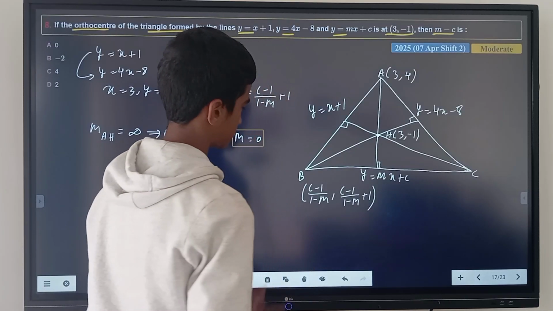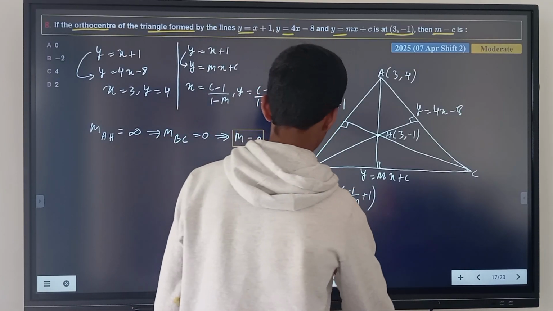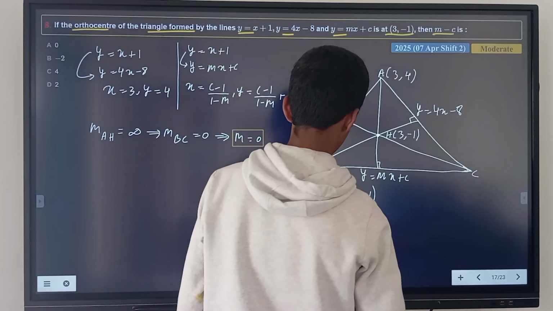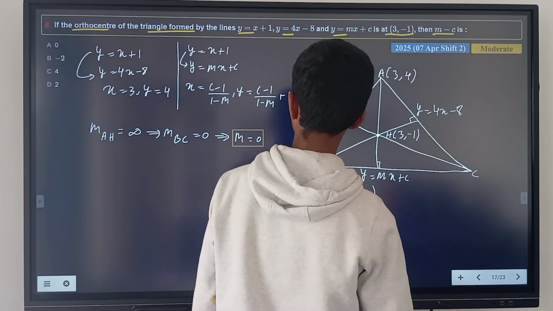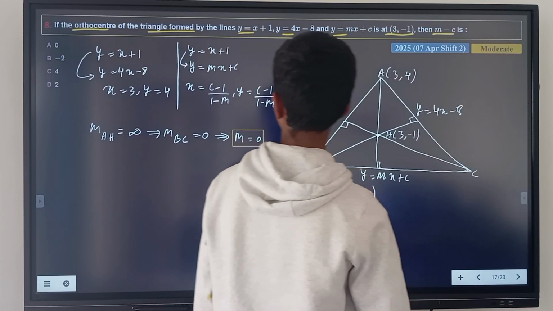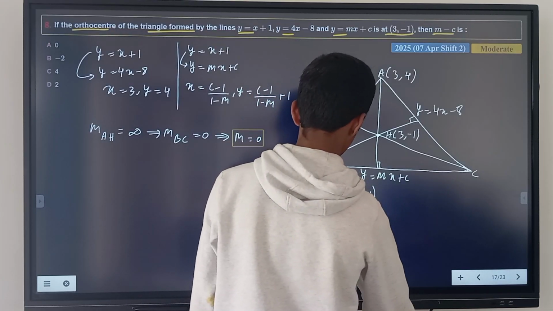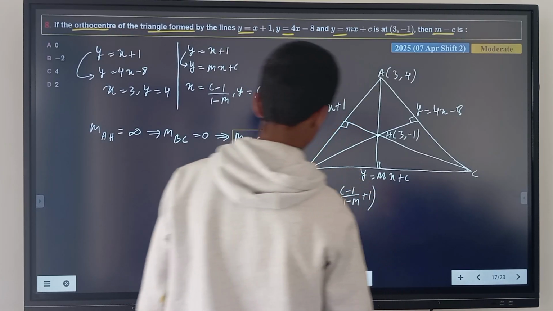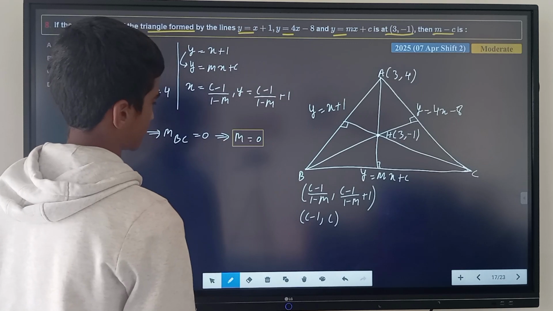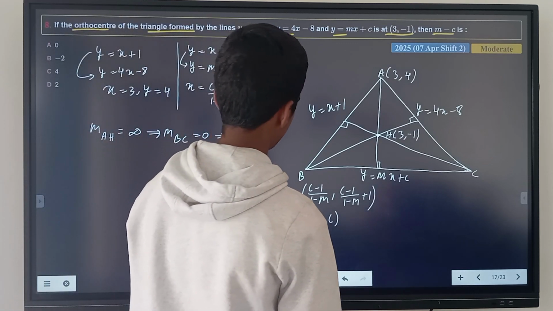Now we have m is equal to 0. We can rewrite this point as (c minus 1, c).